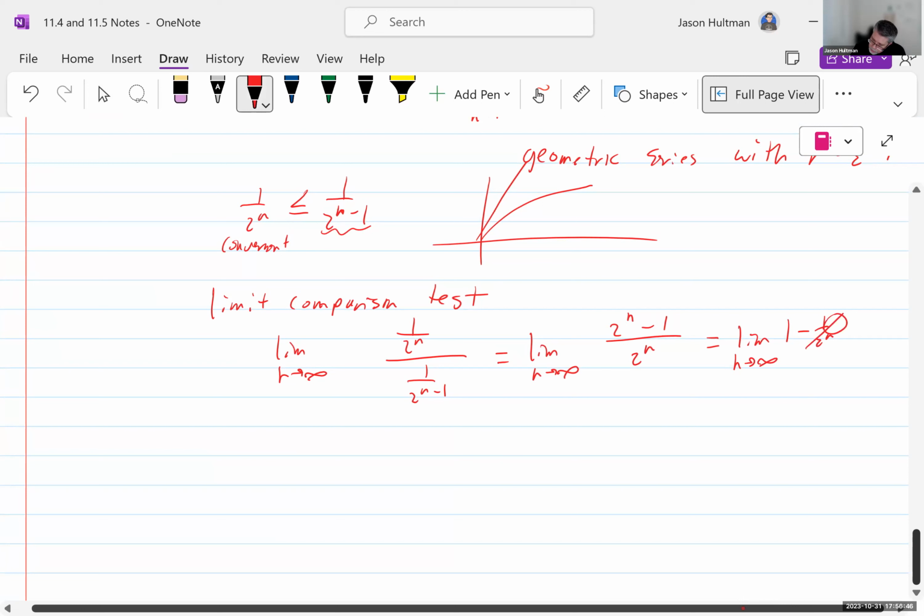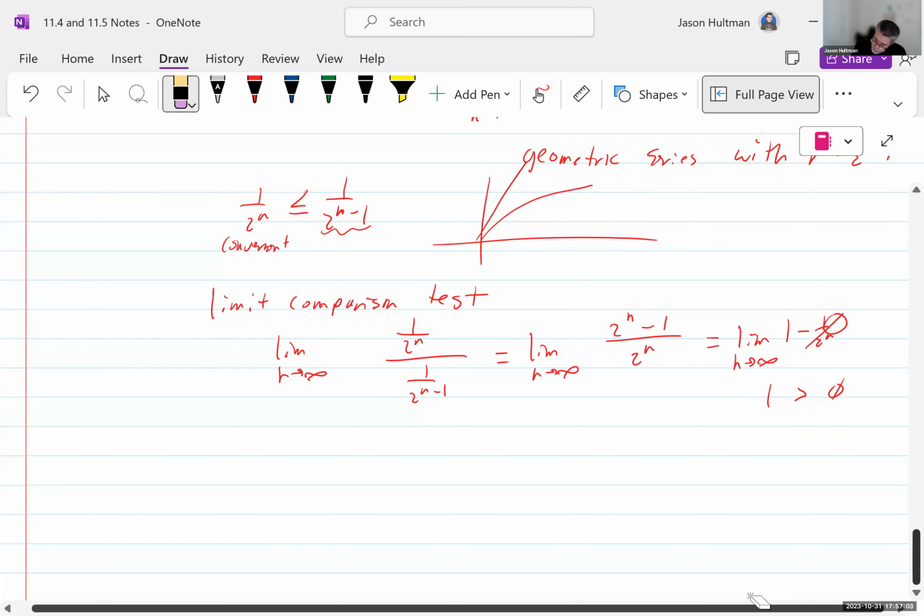That goes to 0, and so I'm left with 1, which is greater than 0. It's a constant greater than 0.